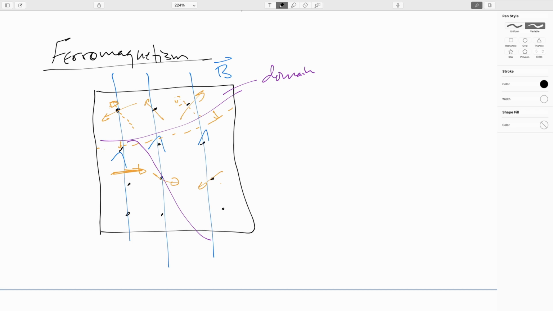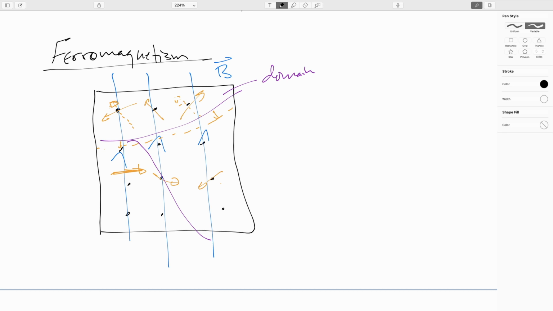Now, this process does have a limit, and this is why I keep mentioning soft iron. The crystal structure turns out to be too big of a gap for domain growth to jump across. So domains are limited in expanding only as far as crystal structures within the metal.